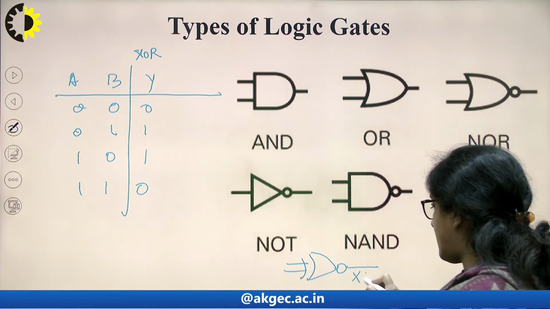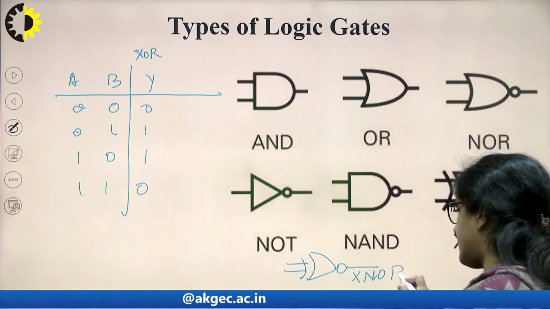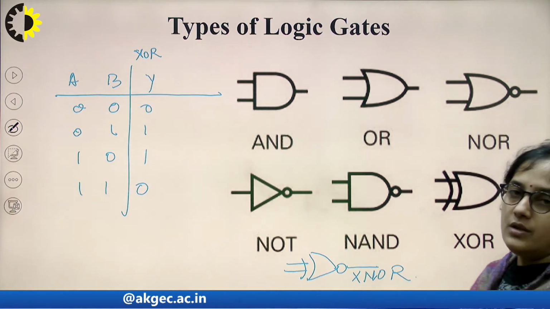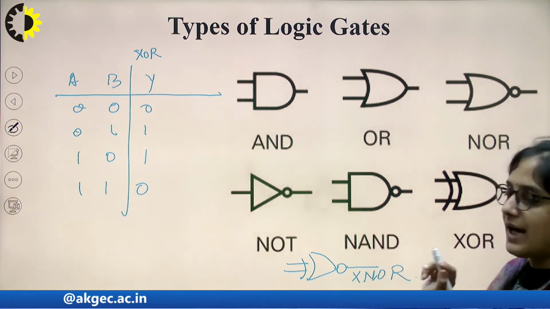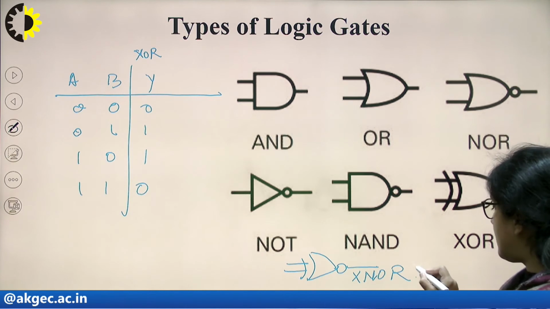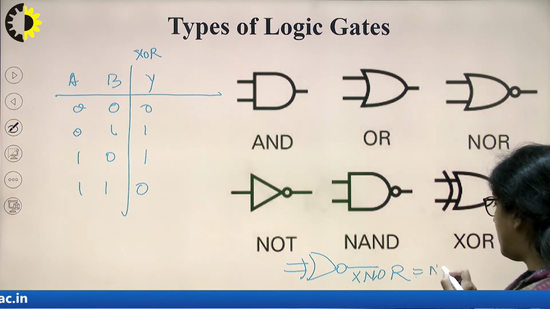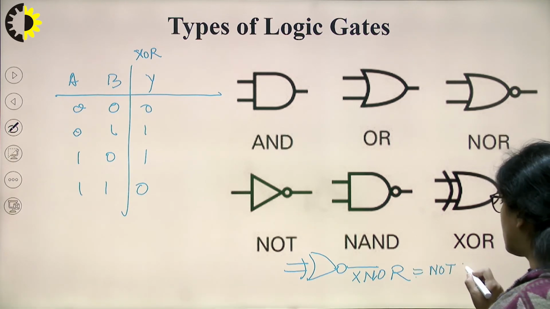This is the symbol for XNOR. As I told you for NAND and NOR, to remember this, it is NOT XOR.